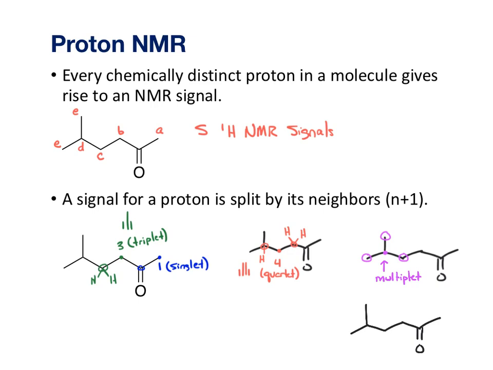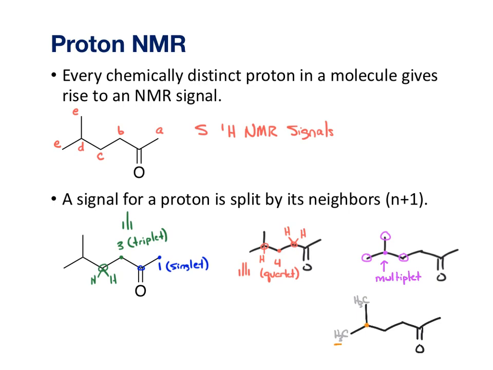And then finally, we have the signal for the CH3 groups here. You only need to look at one of them to figure this out because they're equivalent, so they give the same signal. So let's say we're looking at these protons on this carbon.